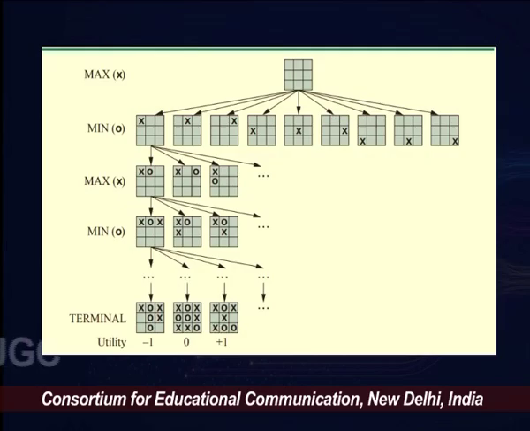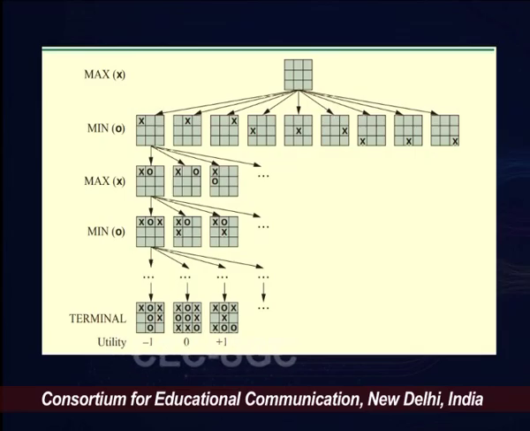Coming to the next level, which says min, now it is min's turn. For example, min is going to take a turn from the first possibility, where max has already placed its cross in the first cell, first row first column.